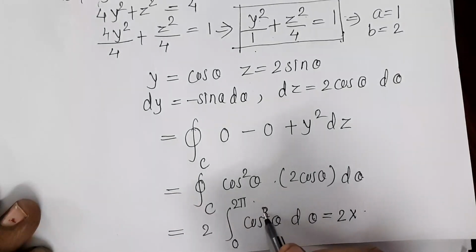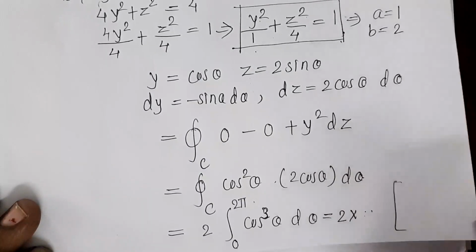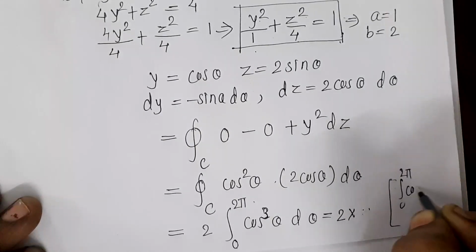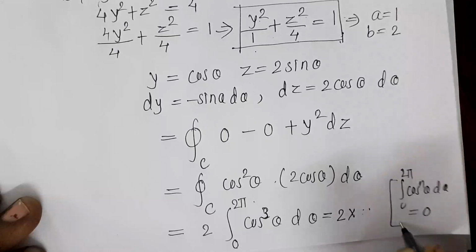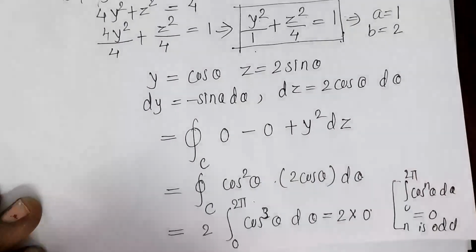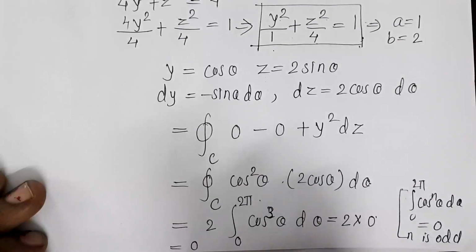What is this term? This is odd. So if it is odd, the formula is integration 0 to 2 pi cos to the power n theta d theta is equal to 0 for n odd. So this is 2 multiplied by 0, which is equal to 0. So finally we got the answer 0.